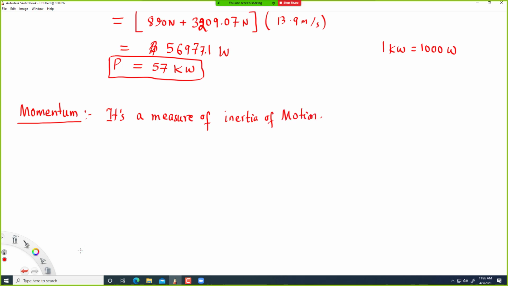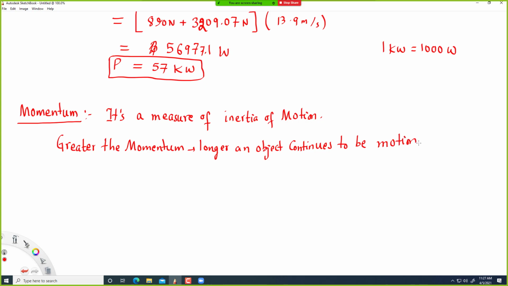So the greater the momentum, the longer an object continues to be in motion.